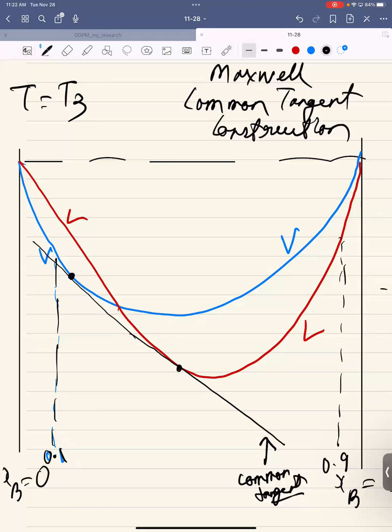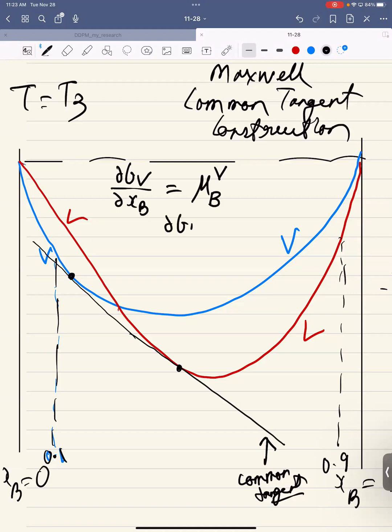Yeah, there we go. Partial GV by partial XB is mu B in the vapor phase. This is the definition of chemical potential, right?